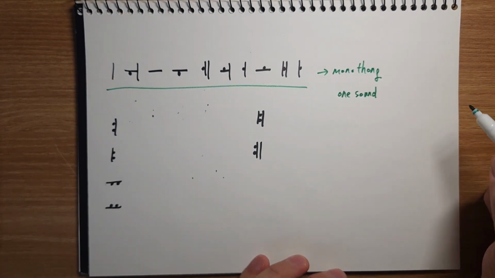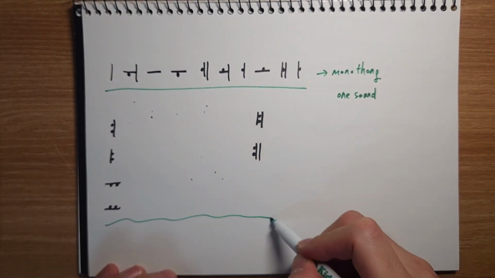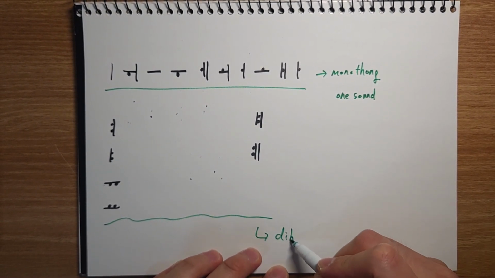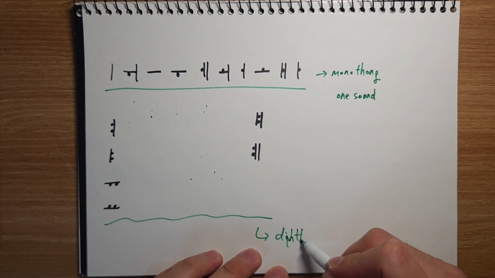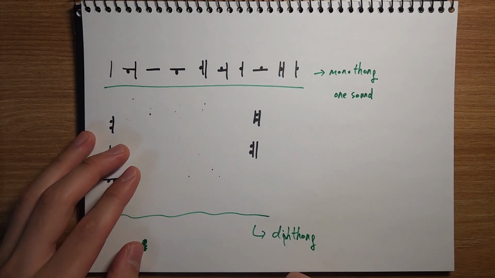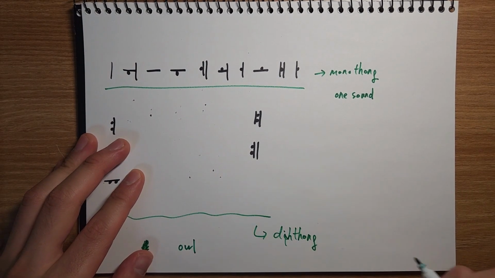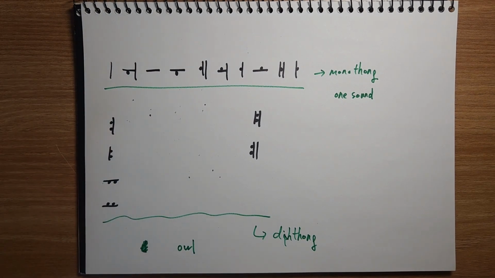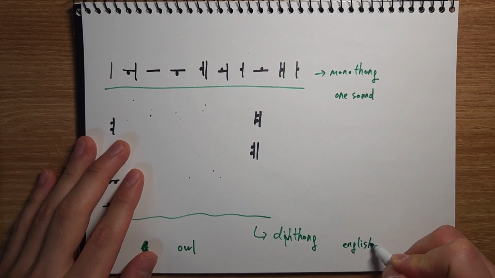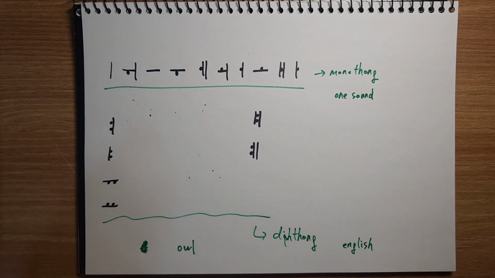But on the other hand, these are diphthongs, which means more than one sound. For example, it's like ow in English. Ow is a long sound, and for short sounds, it's like English and owl.